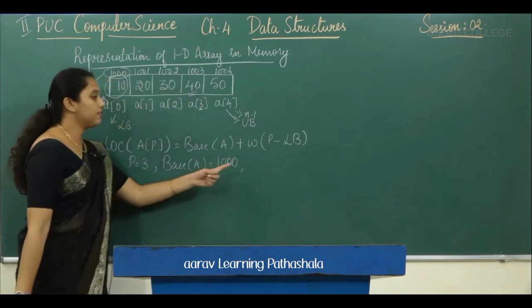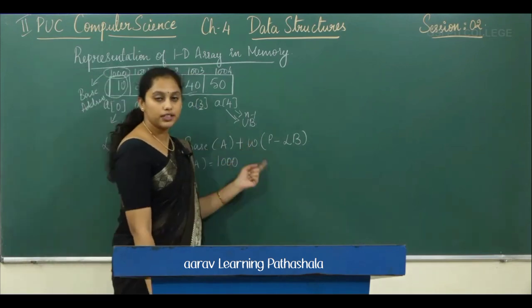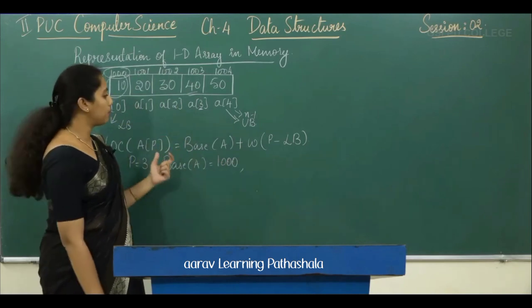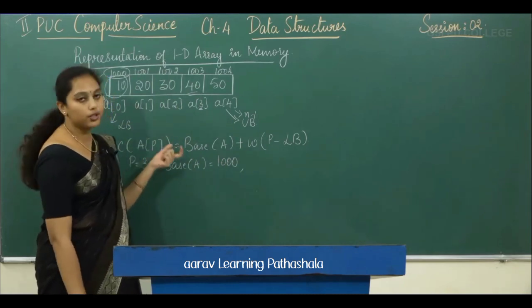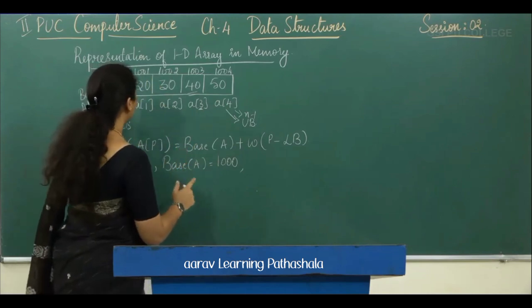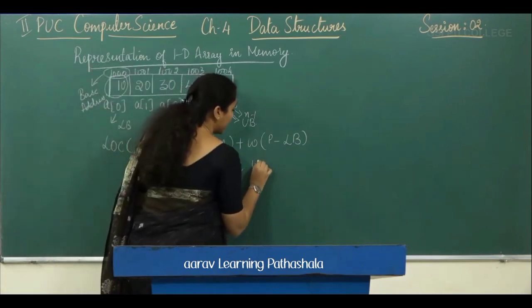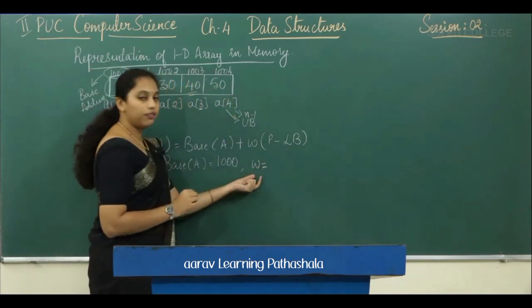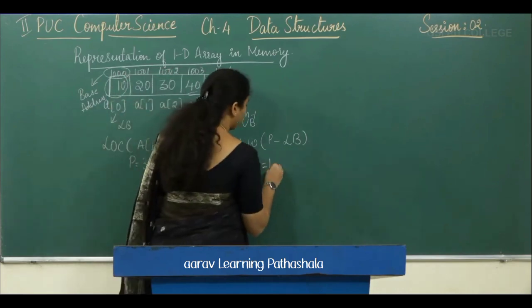Next, what is the value of W? W is nothing but the words per memory cell. How much are we going to store here? 1 element per memory cell. Hence the value of W is 1.